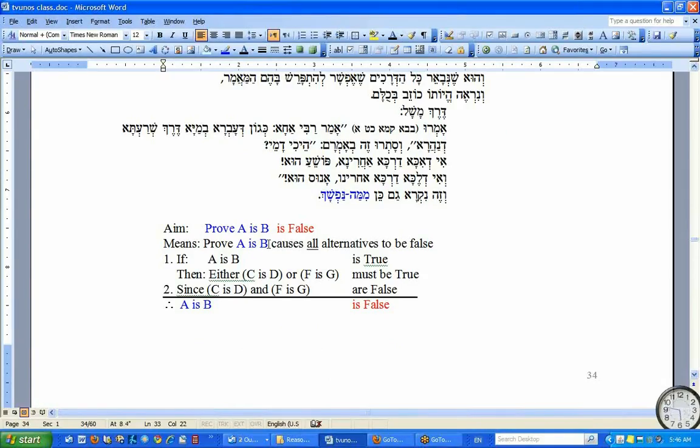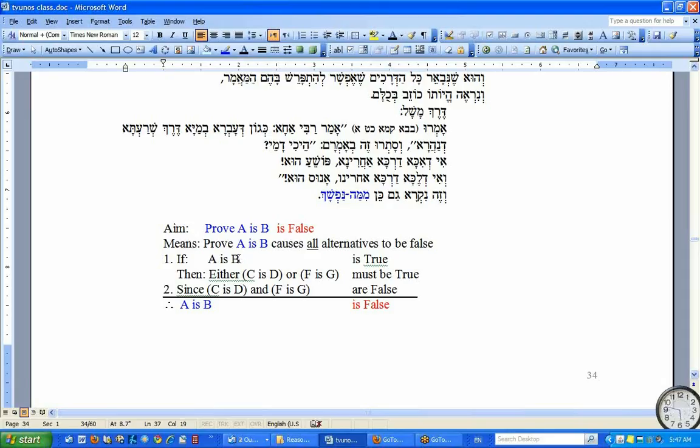So you're going to show that A is false because it causes, no matter which way you explain it, all the alternatives to be false. So that's why I say it's really a variation on the one before, except that you lock the person in. It's called a dilemma. You show him no matter which way he explains himself, it's going to get into a contradiction. So you say, if A is B is true, you want to prove A, B is false.